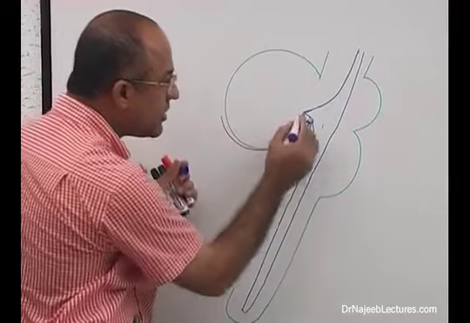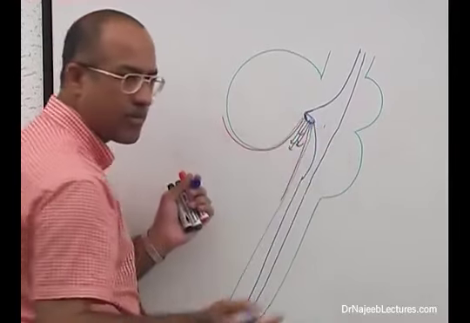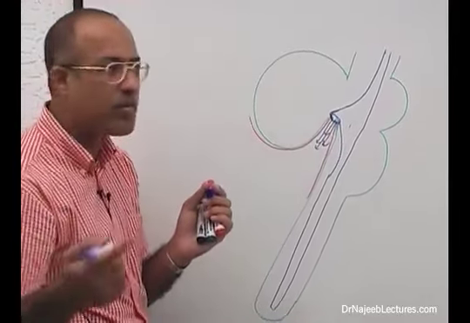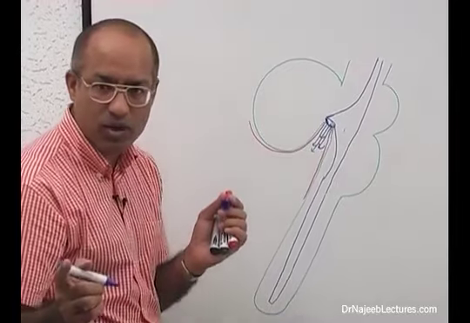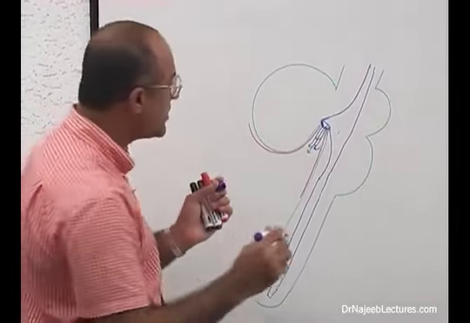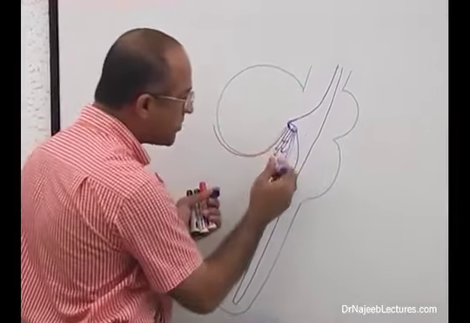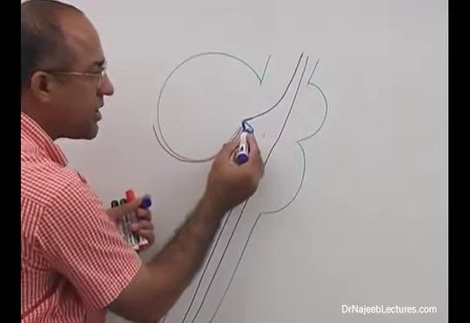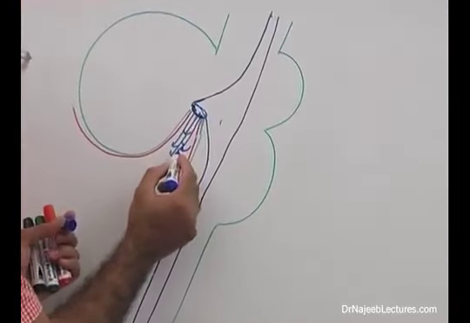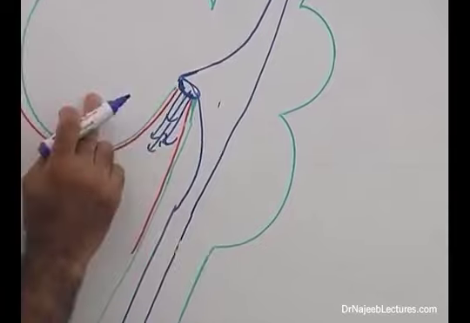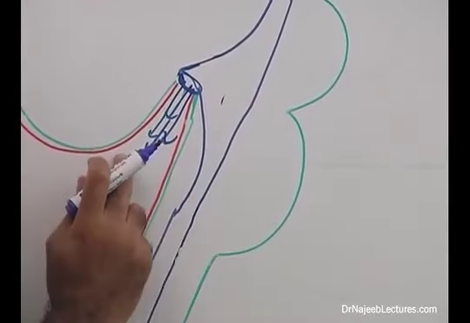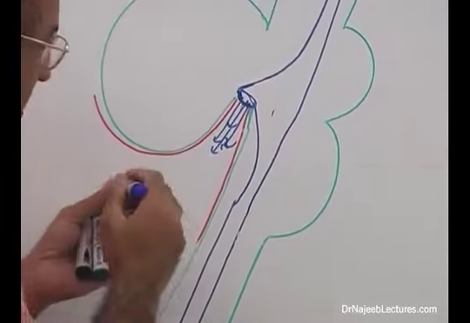Is that right? This foramen is called the foramen of Magendie. Is that right? And through the foramen of Magendie, CSF from the fourth ventricle is coming into which cistern? Cerebellomedullary cistern. Is that right?